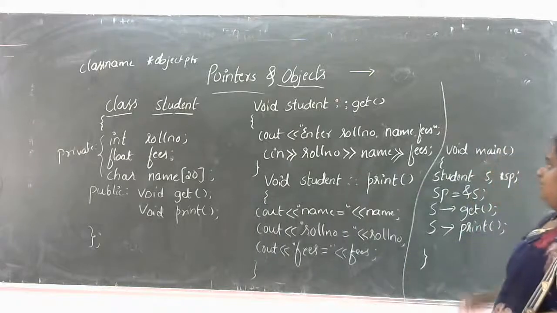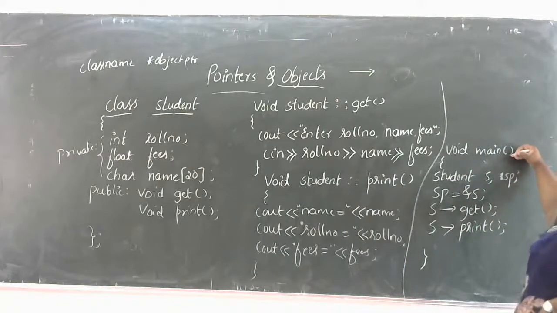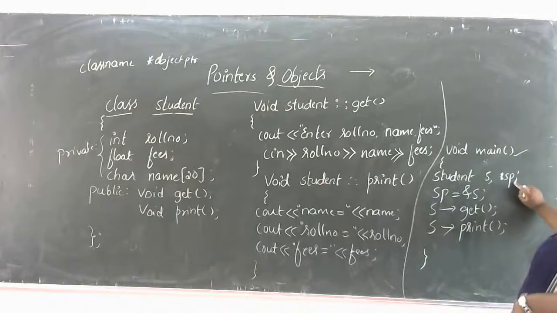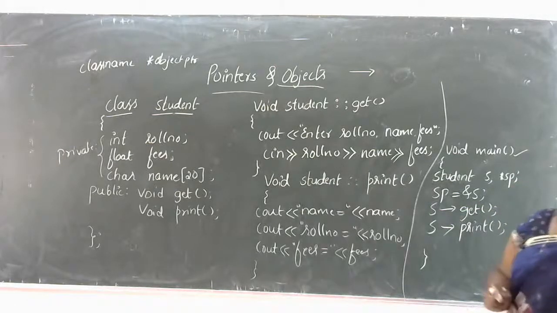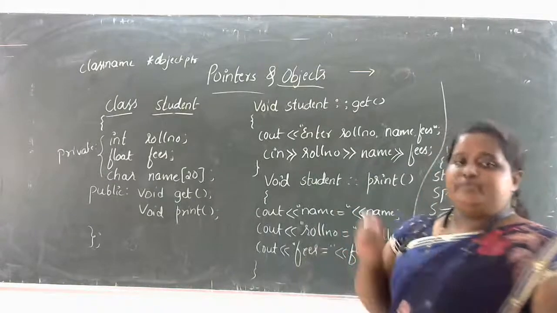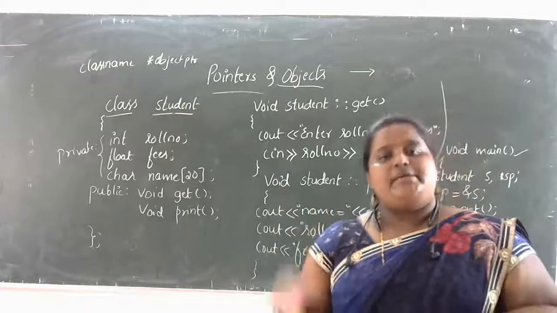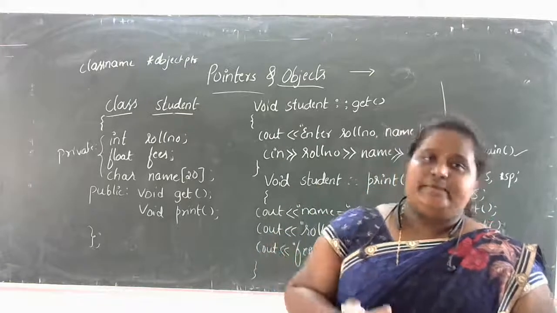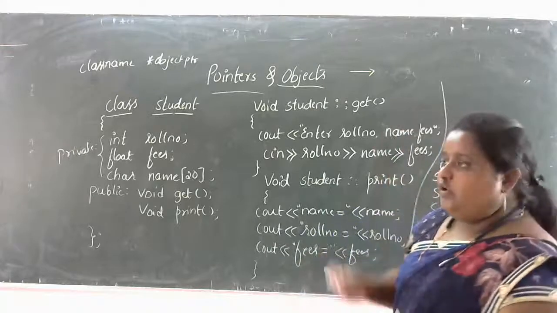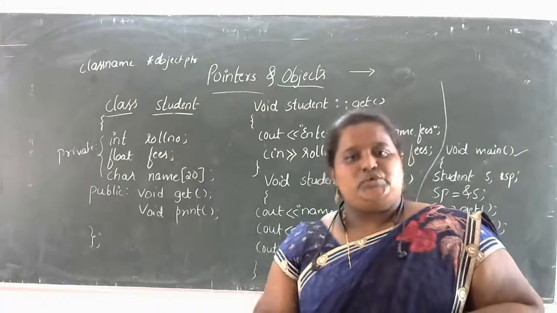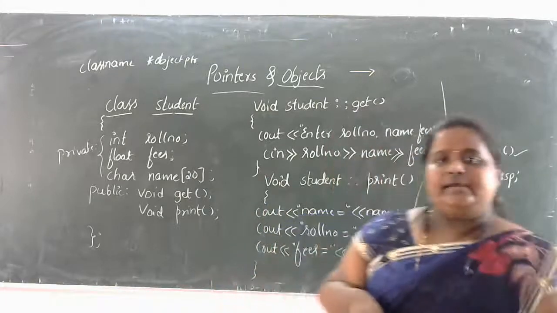As you all know, the control starts with the main function, and you are creating a student object and an object pointer. You all know the variable and pointer variable should be of the same data type.